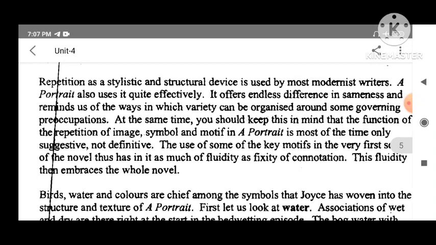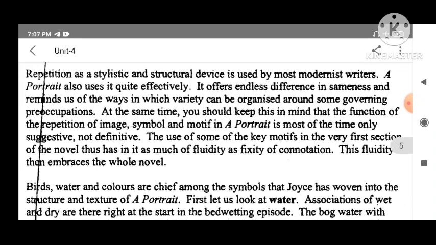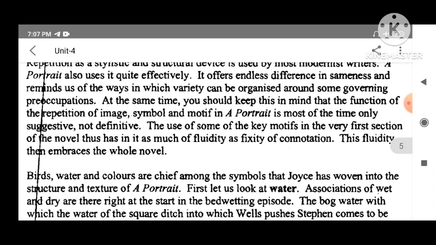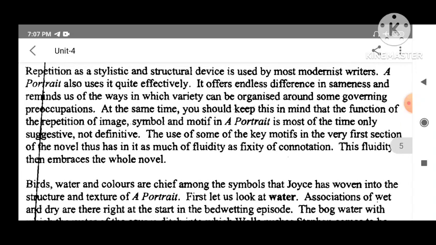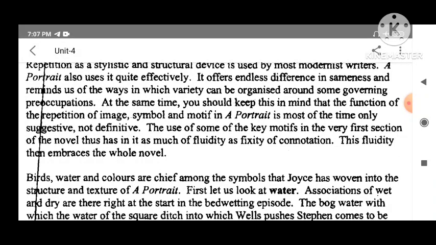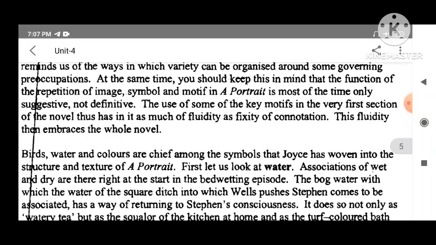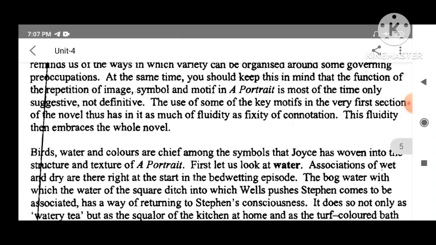It offers endless difference in sameness and reminds us of the ways in which variety can be organized around some governing preoccupations. At the same time, we should keep this in mind that the function of the repetition of image, symbol and motif in A Portrait is most of the time only suggestive, not definitive.